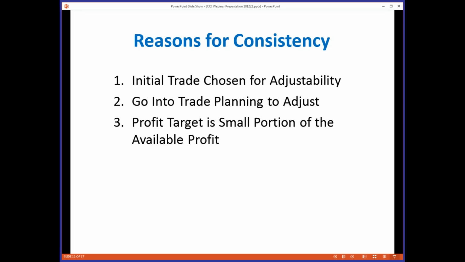As long as the market moves through the profit zone that you've created for it, we're trying to provide this nice target for the market, and we're moving it around as the market develops. All we've got to do is have the market move through that profit zone at some point during the trade, and we're going to be able to capture our 5%. So this small portion of a potential profit is much easier to achieve, and that really helps with our consistency as well.